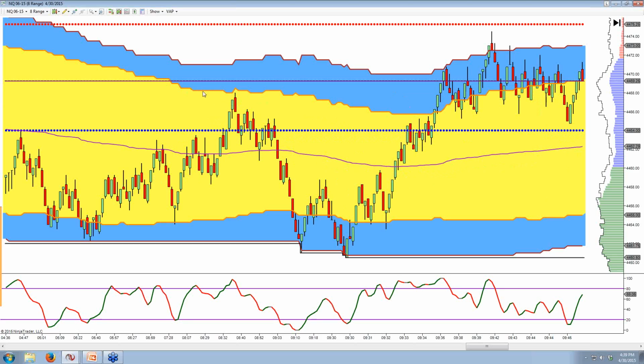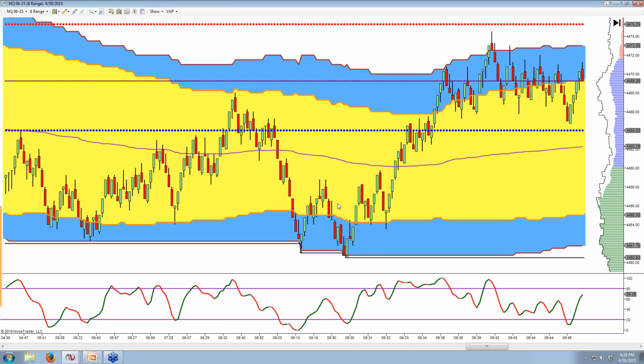And when we look at this first area here where you see the end of the yellow, that's considered to be a high value area. And then this area right here would be the second high value area, where you can see the blue ends. Then at the bottom, we have our first low value area here, and then the second low value area here.